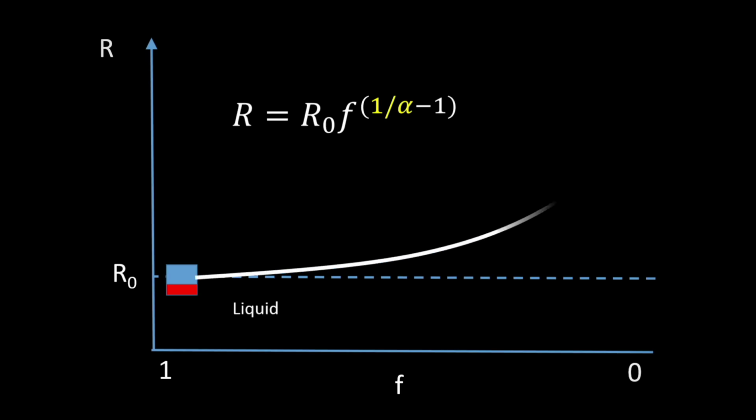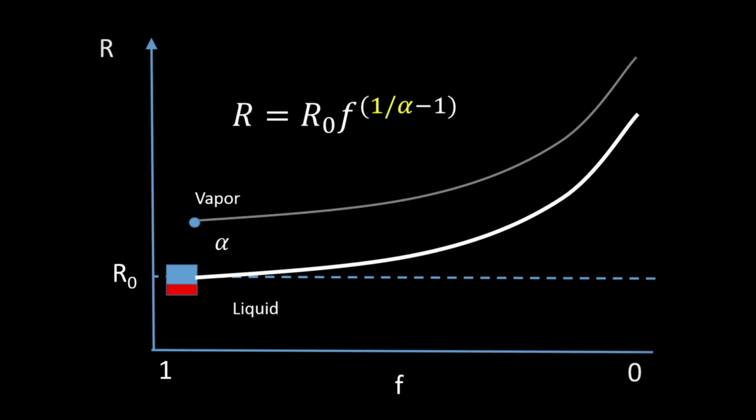So as time goes by, the liquid in the soil water becomes increasingly enriched, and similarly, the vapor associated with that evaporation, the evaporated vapor, would be in isotopic equilibrium. This is just the same type of curve, but it's inverted relative to the precipitation.